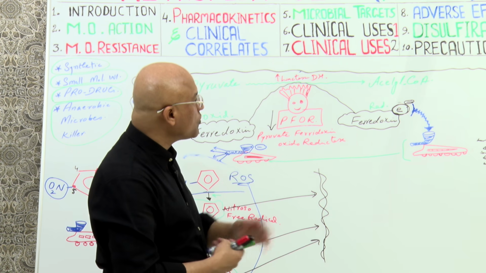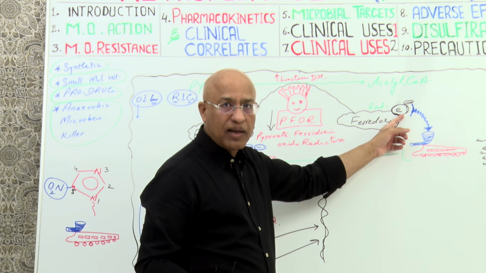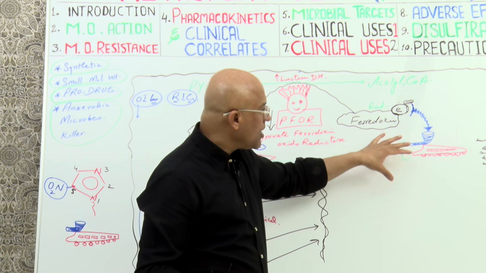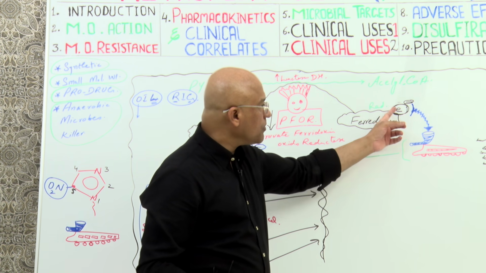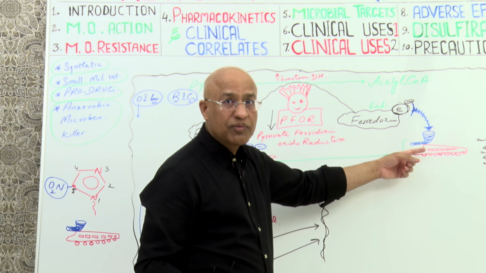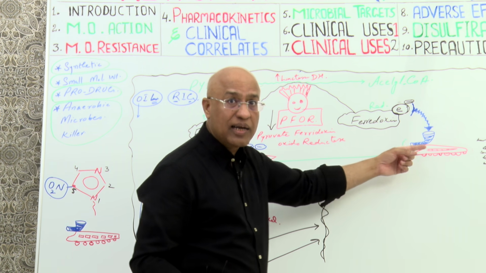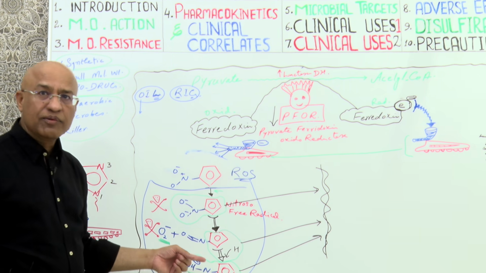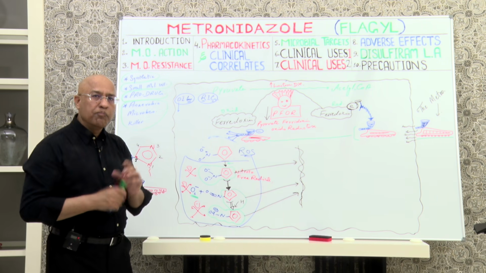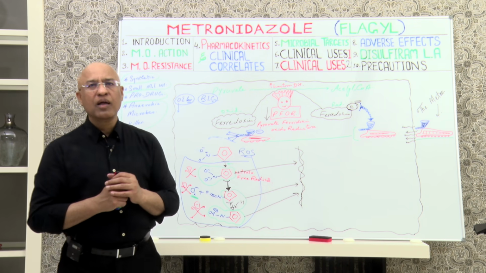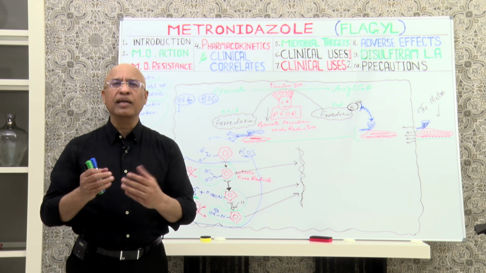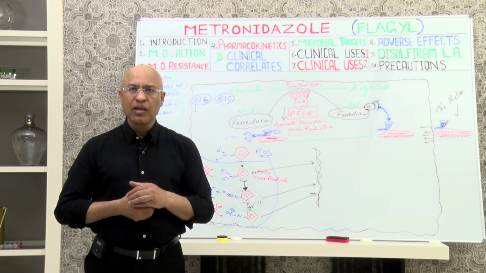If reduced ferredoxin is not available, then the metronidazole entering this resistant microbe will not undergo reduction, will not get the electrons, and will not produce the highly toxic reactive intermediates, and the cell will not be damaged, right?